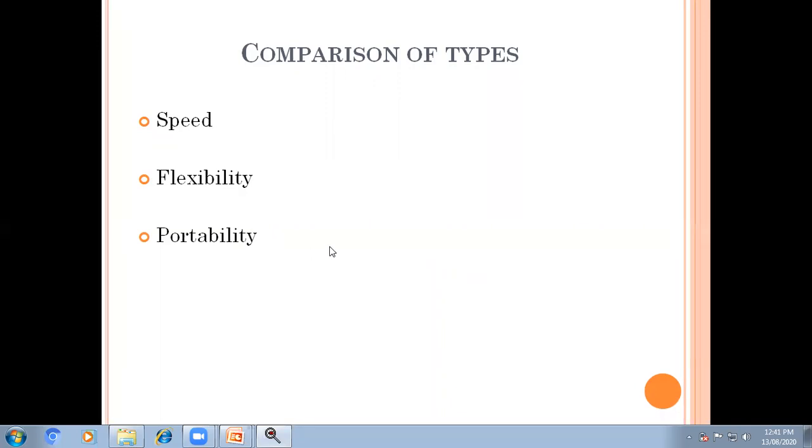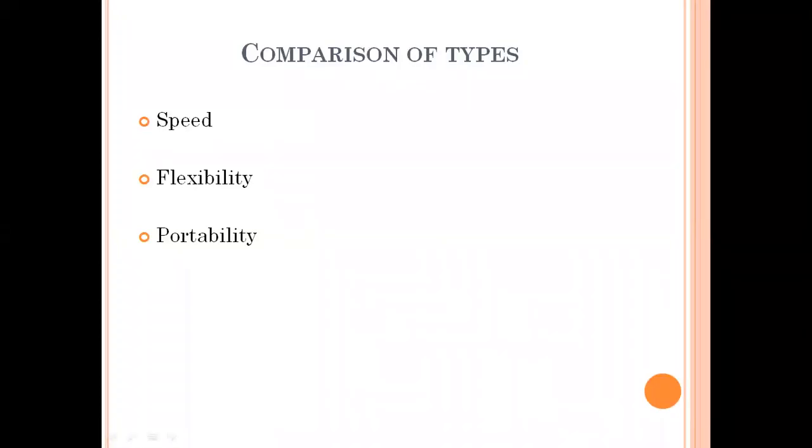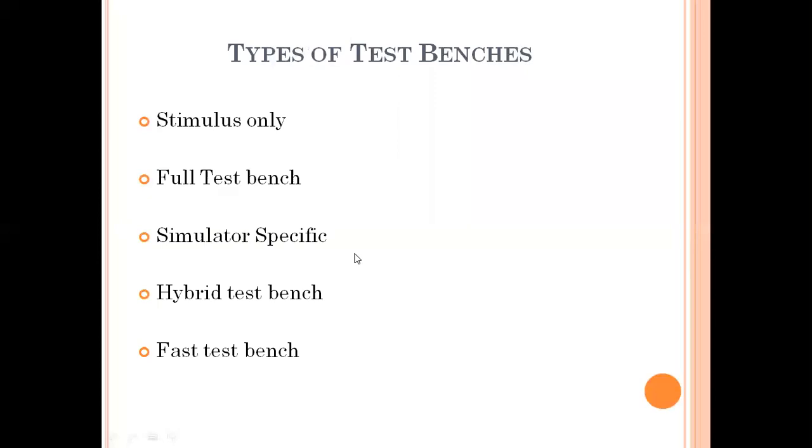Here the stimulus only and full test bench get slow speed, and the simulator specific and hybrid test bench get medium speed.